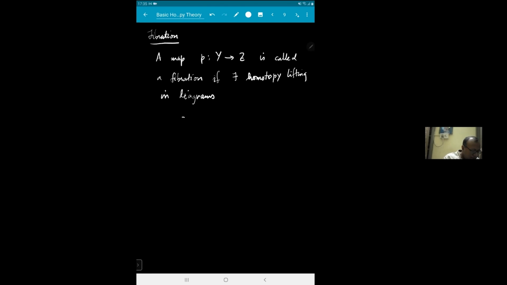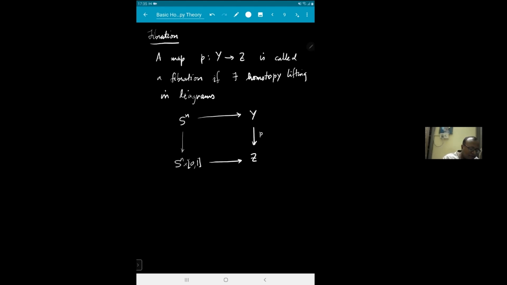So if I take S^n, I have Y to Z. This is my P, and then I have S^n inside S^n cross [0,1]. So I have a homotopy from S^n to Z, and then I'm restricting the map from S^n cross 0 to Z. So the condition is that that map lifts to Y.